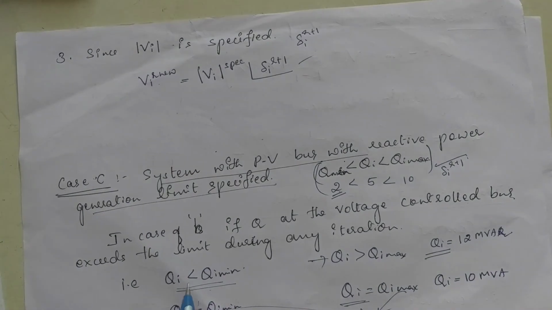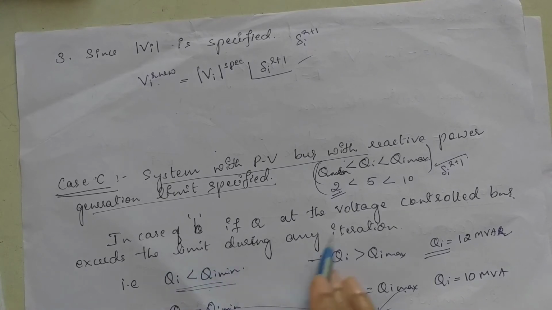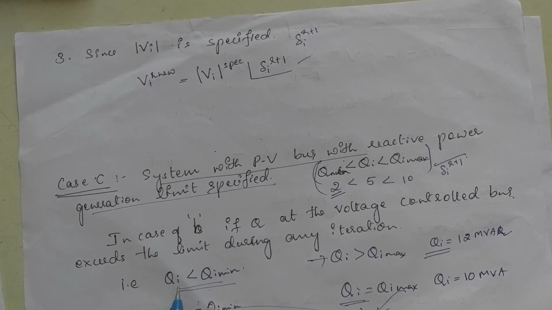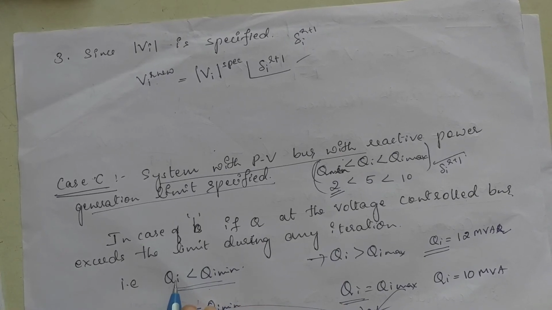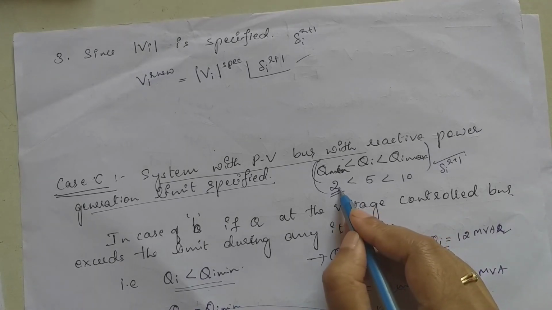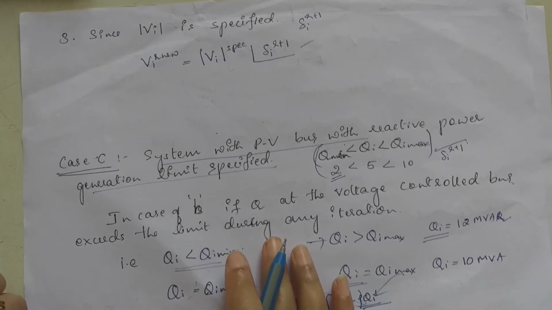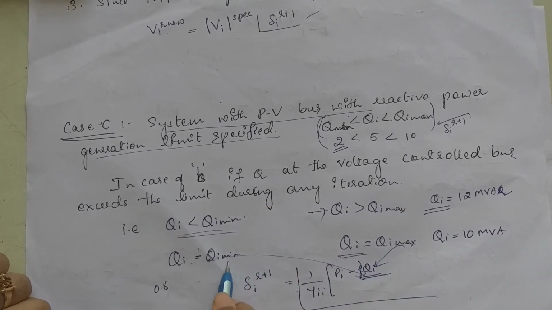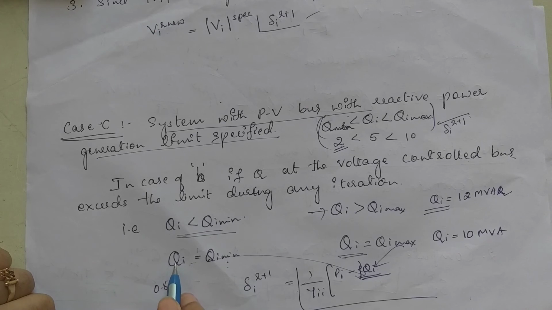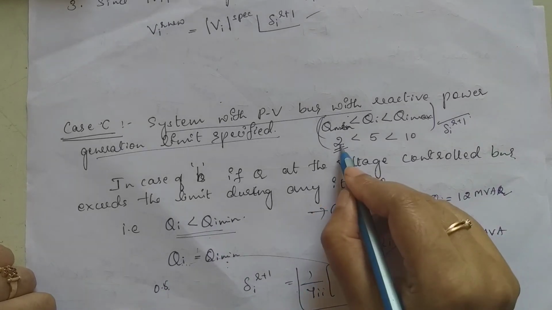Suppose Qi is less than Qi minimum. If Q exceeds the limit during any iteration, it may go below Qi minimum. Say Qi calculated is 0.5, which is less than 2. Then Qi should be equal to Qi minimum. You are not supposed to take Qi equal to 0.5, but you have to take Qi equal to 2.